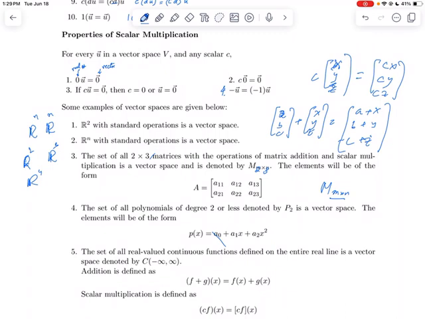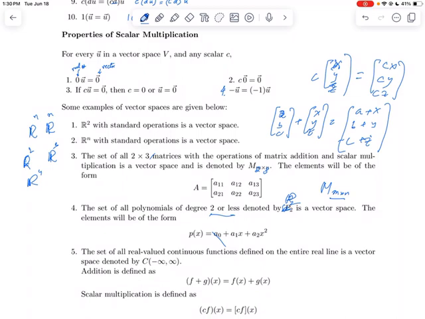Next is the set of polynomials of degree 2 or less. This is important, and it is usually denoted by P2, like the R defined by double stroke.